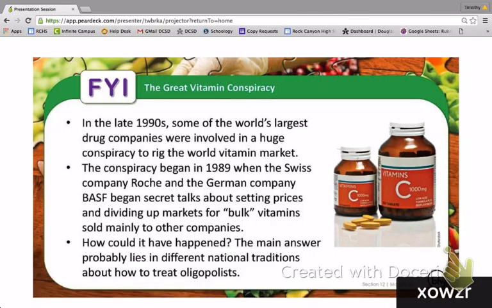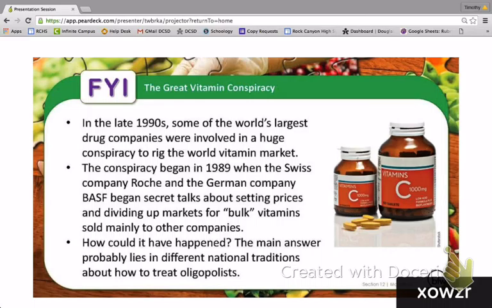In the late 1990s, there was a Swiss company named Roche and a German company named BASF that secretly held talks about engaging in collusive behavior and price fixing in the vitamin market for vitamins like vitamin A and vitamin C. And they agreed to divide up the market for bulk vitamins that were sold mainly to other companies like food producers or animal feed producers that would buy these vitamins and put them in those foods and animal feed.